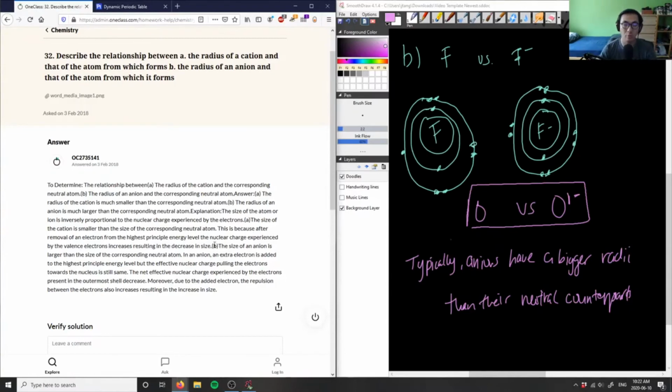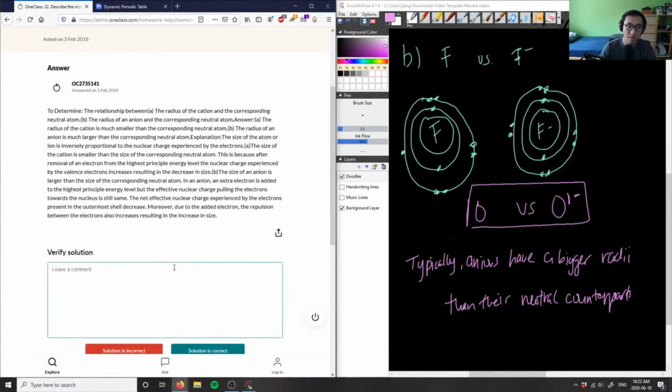You'll explore more of that when we talk about atomic radius, the shielding effect and effective nuclear charge, because in a full shell, like what we have here for F minus, these electrons are very much attracted to the positive core in the nucleus. So they tend to pull toward the nucleus, actually making the atomic radius smaller. So in this case, the solution is correct.